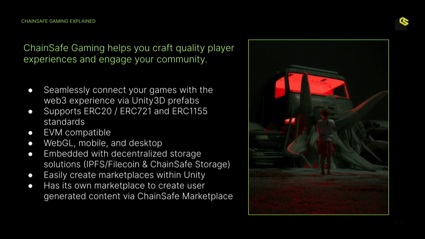Now we'll start getting into the different kinds of tokens that we support. Obviously the 20, 721, and 1155 standards. There are many cases where using a 721 doesn't make sense. People say, well, it's non-fungible, and just use 1155, and there are still situations where you don't want to use a 721. For example, if everything were a 721, there could exist a cap on the number of these non-fungibles that are issued.